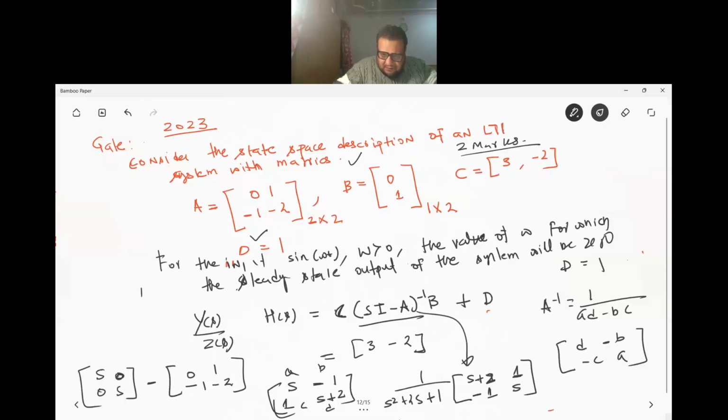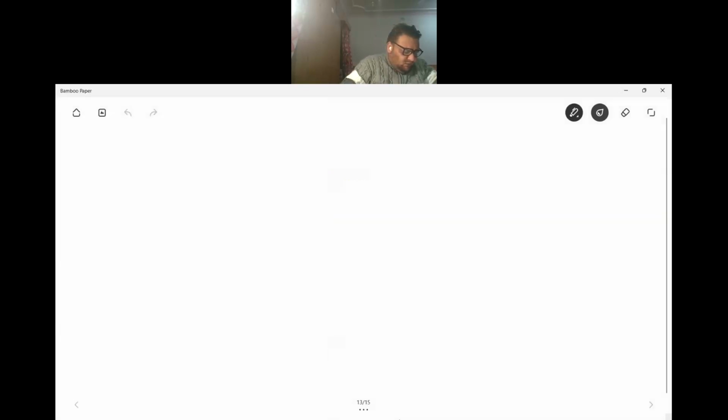Now we have C and B. What we need to multiply, we will be multiplying B because the dimensions have to match. So H of S would be equal to, the determinant we know is equal to C of S. This we have yet to write.